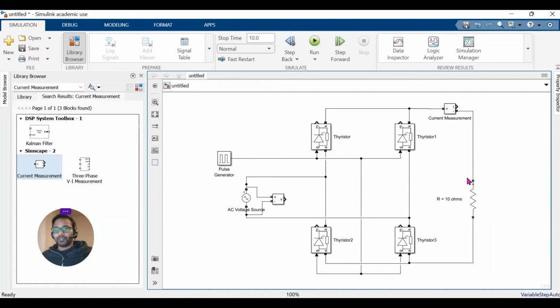Then I need to measure the voltage across the load resistor. So I will copy this and paste it. So this is my load voltage and this is my supply voltage.